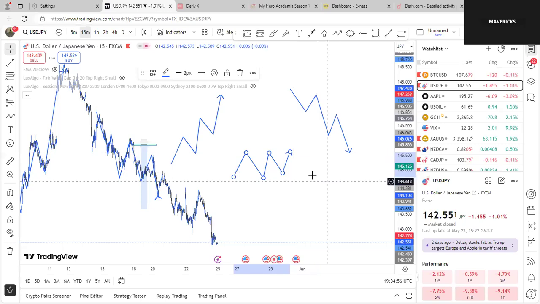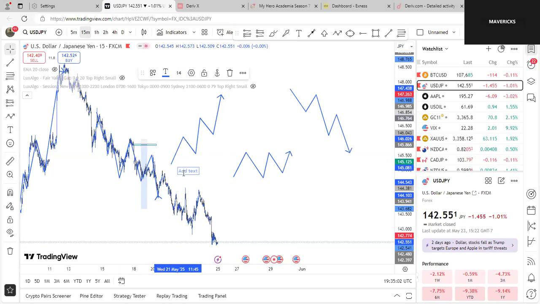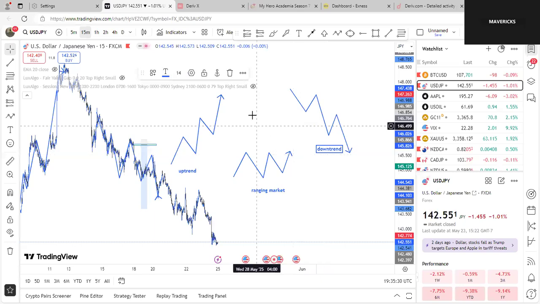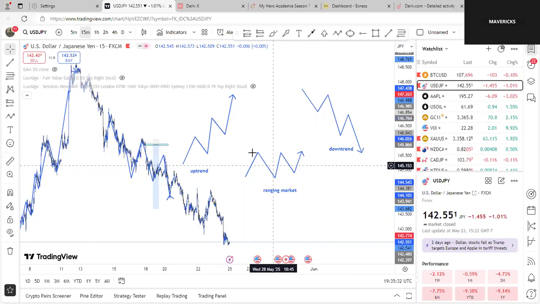So we have three types of market structure: the uptrend, the ranging market, or the sideways trend, and the downtrend. Those are the three major ways in which the market moves. Are you guys following me?